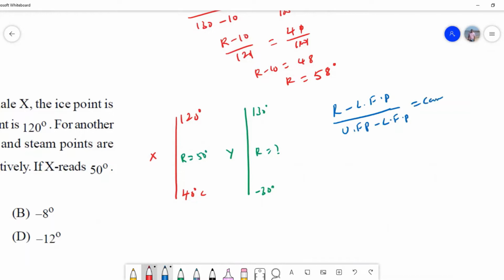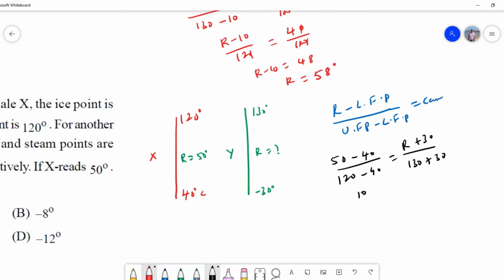So I use the same concept here. For this one, what is the reading? 50 minus lower fixed point 40 upon upper fixed minus lower fixed is equal to this. We don't know the reading, minus the lower fixed point, plus 30 now. Minus of minus, and 130 plus 30 is 160.